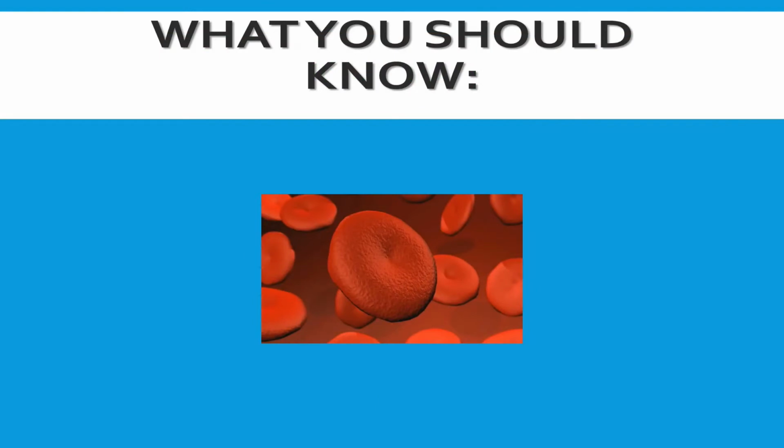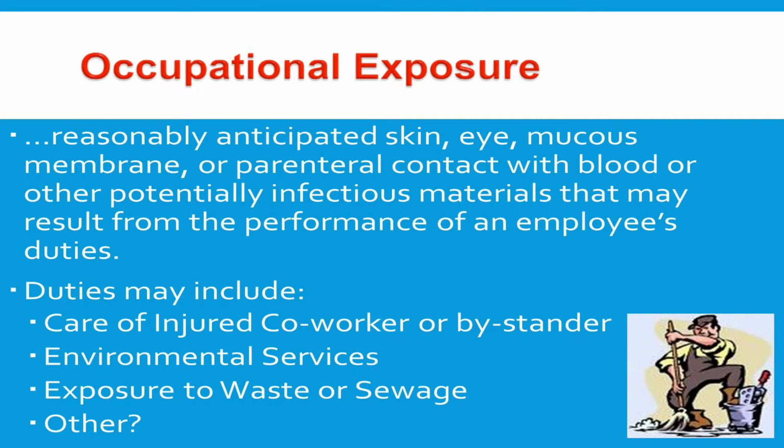So what we need to know: occupational exposure. Occupational exposure is any reasonably anticipated skin, eye, mucous membrane, or parenteral contact with blood or OPIM that may result from the performance of an employee's duties. Taking care of an injured coworker, maybe you're being a concerned citizen and you're helping a bystander out in the world.